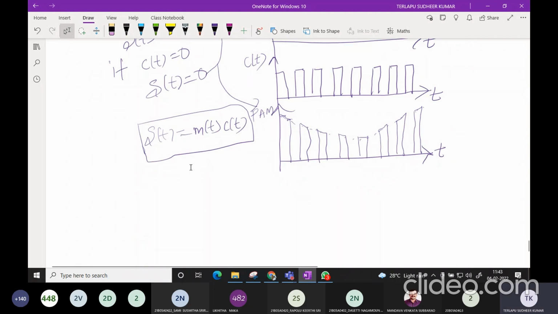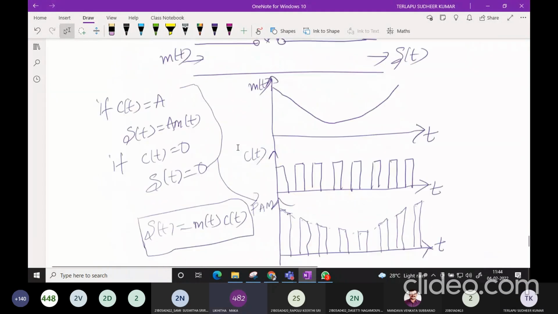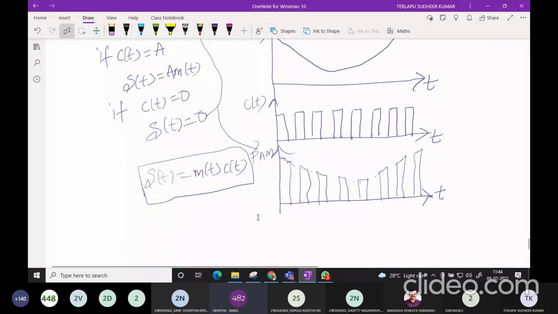I hope my question is clear to you all. There is some difference in natural sampled PAM and ideal sampled PAM. Here we have considered a train of impulses. Here we have considered a train of pulses. Even the delta t value is different.